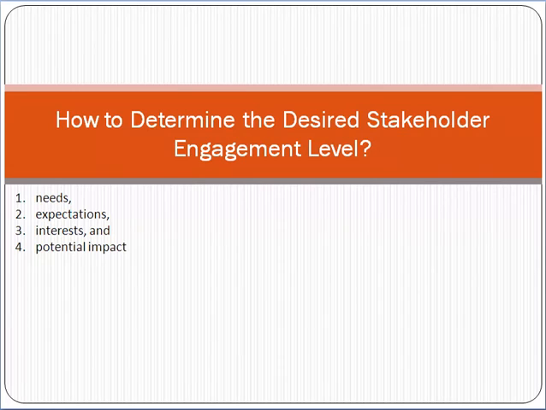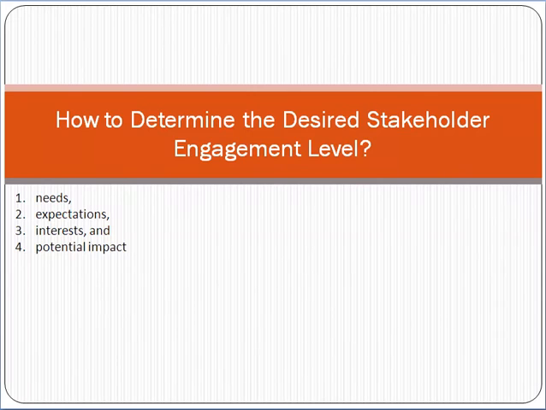Friend, you can determine the desired level of stakeholders by their needs, their expectations, their interest and their potential impact. Using all those factors, you can determine what the desired stakeholder engagement level is.